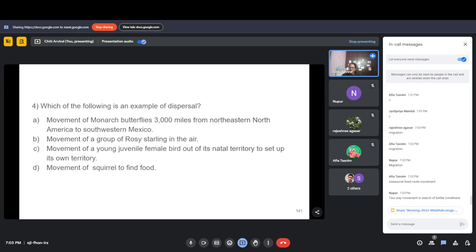So rosy starling are a group of starling like mynas. Excellent. Murmuration. So what basically is murmuration? Well, they need not do murmurations to migrate.